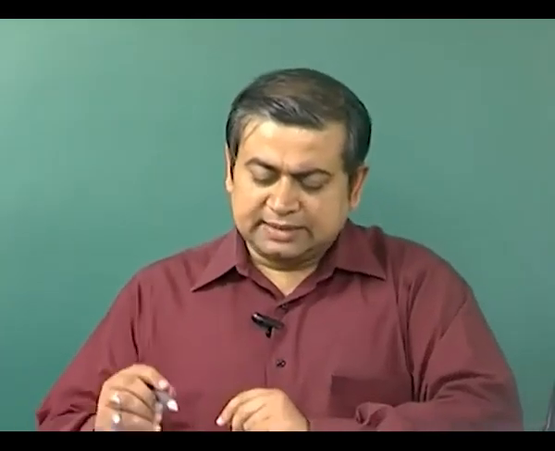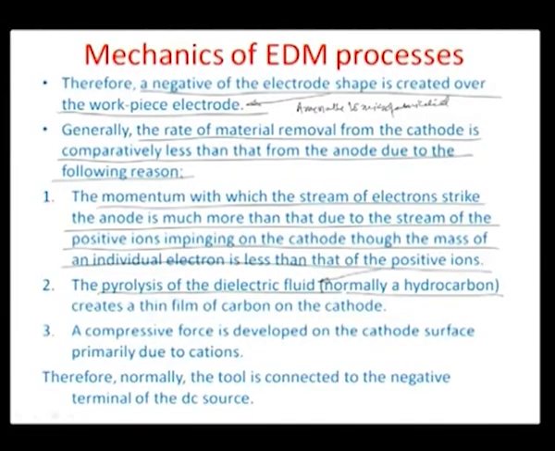So, what happens is that this dielectric fluid typically breaks down, and because of the scission reaction happening in between both the electrodes, there are always byproducts in the form of hydrocarbons, and as such these are the cations, and they rush towards the cathode. They are positive ions, and they create a thin film of carbon on the cathode itself.